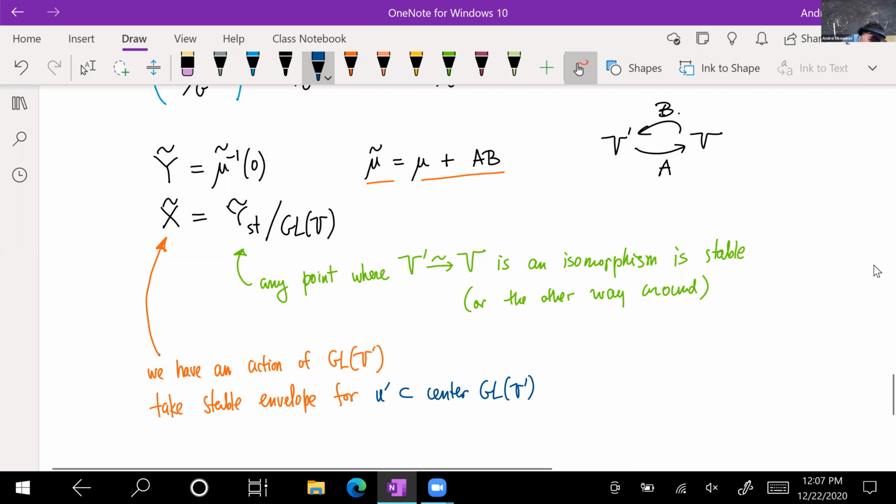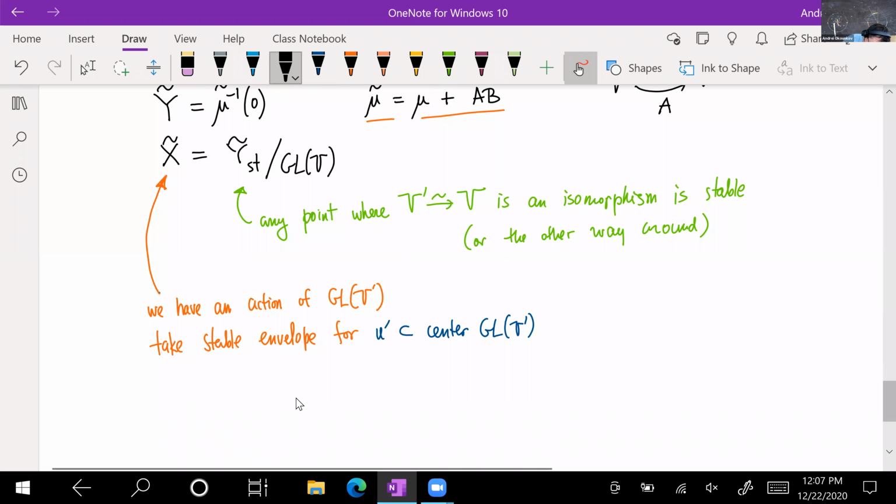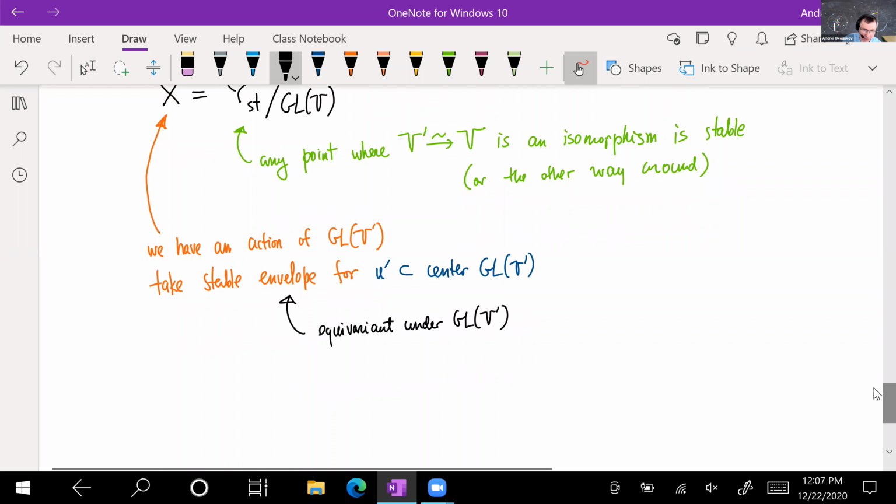And so in particular, that stable envelope is invariant under GLV prime, because stable envelope canonical elements commute with the equivariant, sorry, G prime, right?